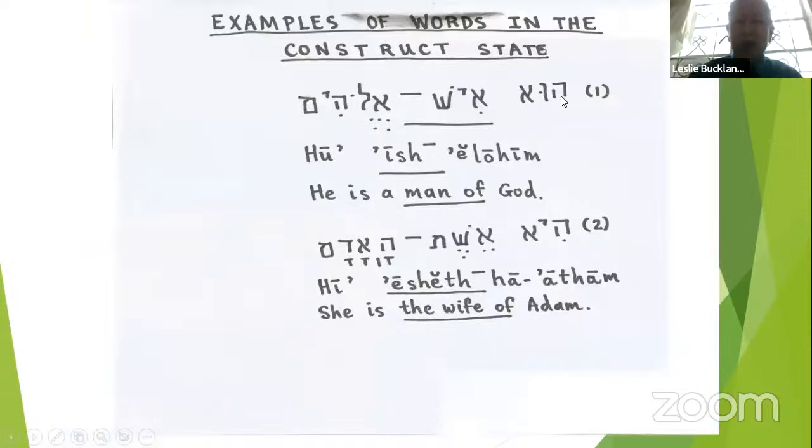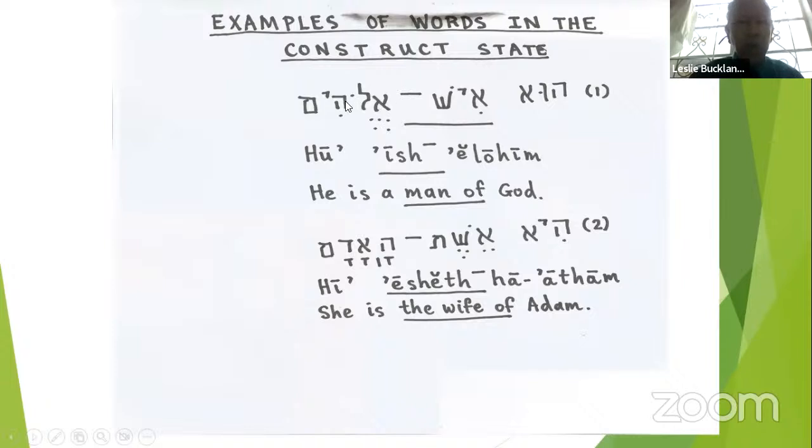If I don't just have hu ish, as in the previous example of the absolute state, if I don't just have he is a man, but I have hu ish, then there is the makaf, which means binder or binding, that which connects or joins one word to another. And there is a noun coming after the horizontal line, the makaf.